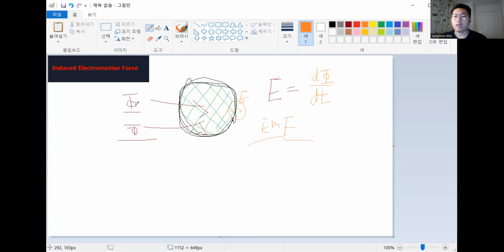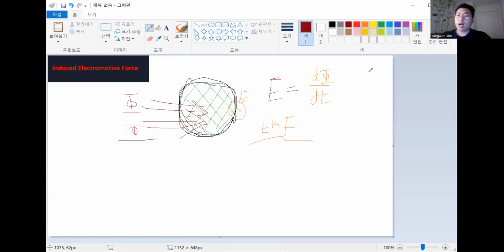And as I said, if I move faster, the greater EMF is induced. That's it, Faraday's law. But here's a thing. Faraday wanted to explain why it happened, but he didn't know what exactly happened.